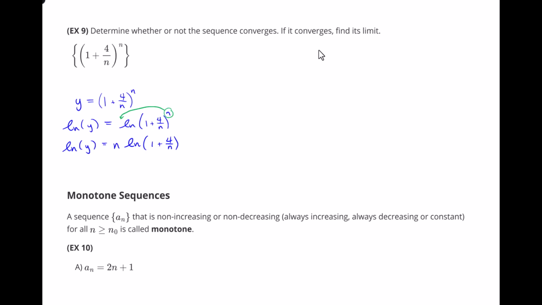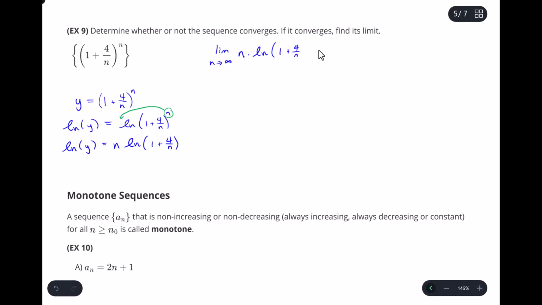If I try to come up with the limit as n goes to infinity of just the right-hand side, which is n times the natural log of 1 plus 4 over n, here's something that I can do. I can rewrite this as the limit as n goes to infinity of the natural log of 1 plus 4 over n divided by 1 over n.